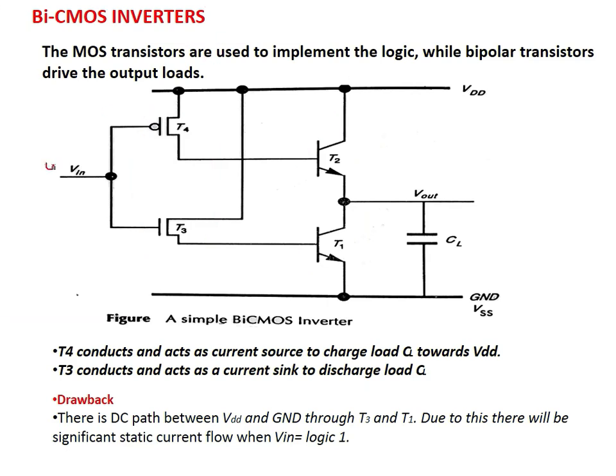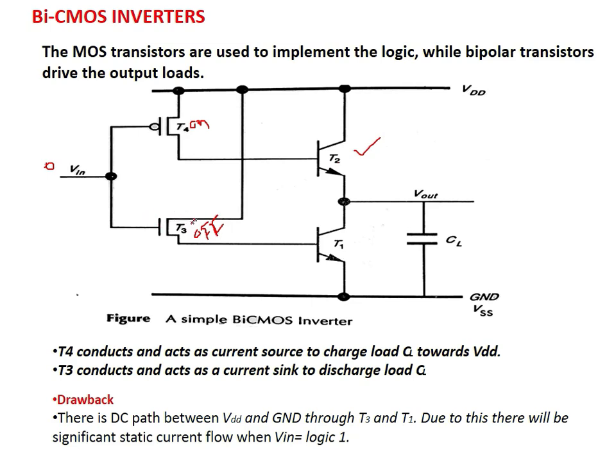For logic 0, we know that for low input, this is PMOS, PMOS becomes on, this is NMOS, NMOS becomes off. When it is on, this VDD passes through the transistor T4, so current passes through T4. Hence this T2 becomes on. T3 is off, which means it is open.